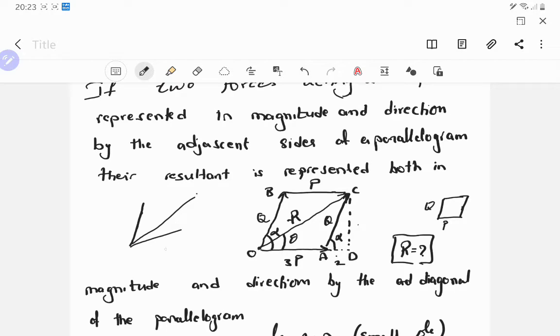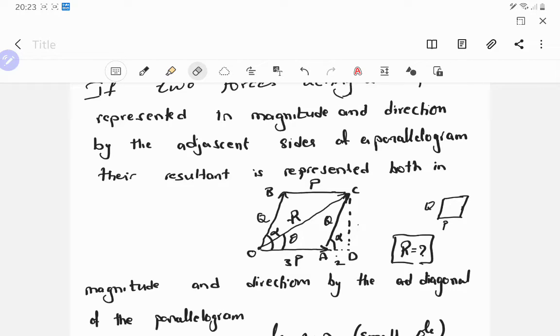It will move like that. And the wings of a bird. These are the two examples for this.